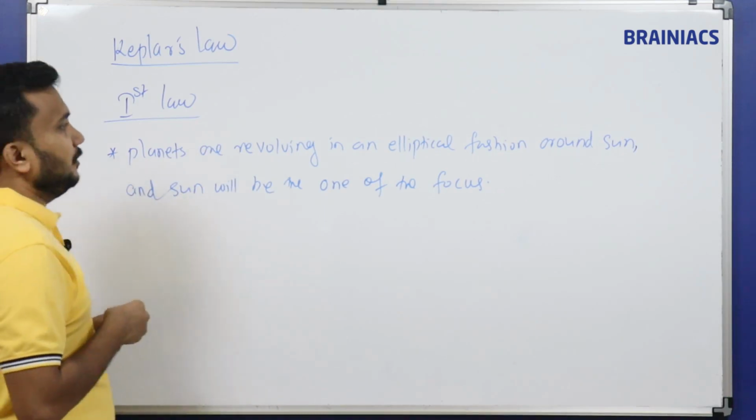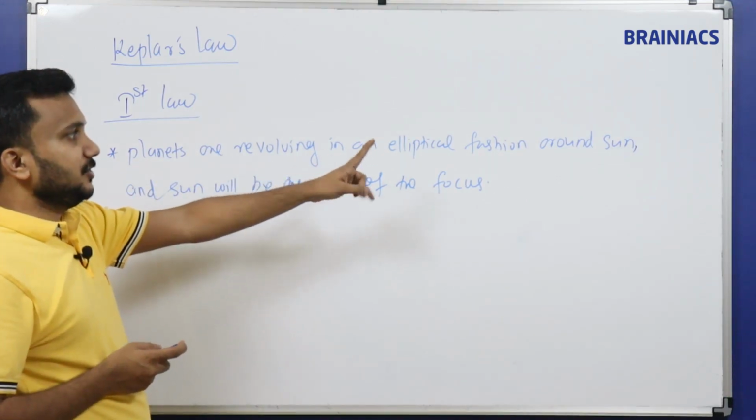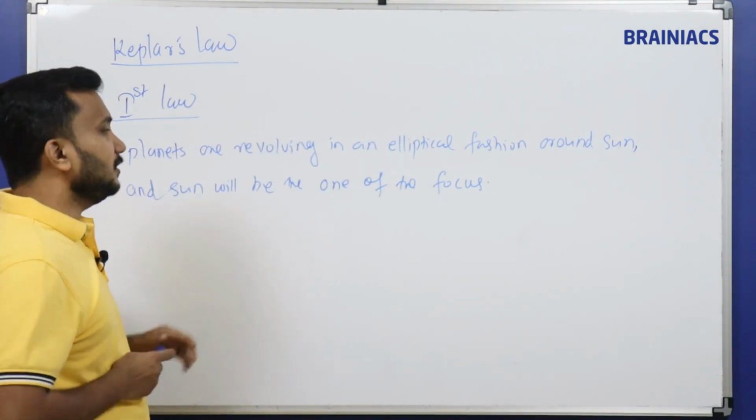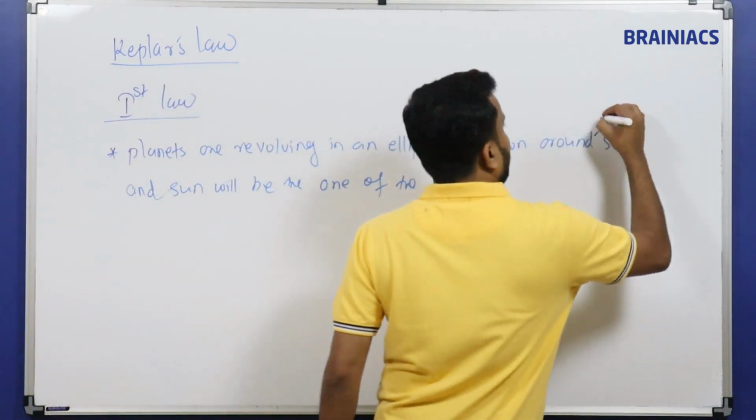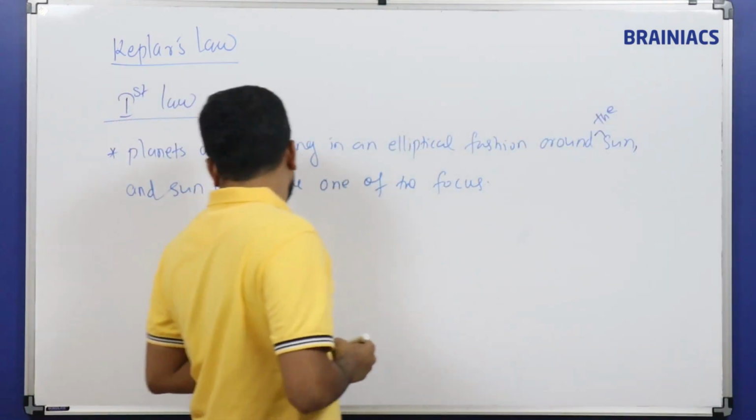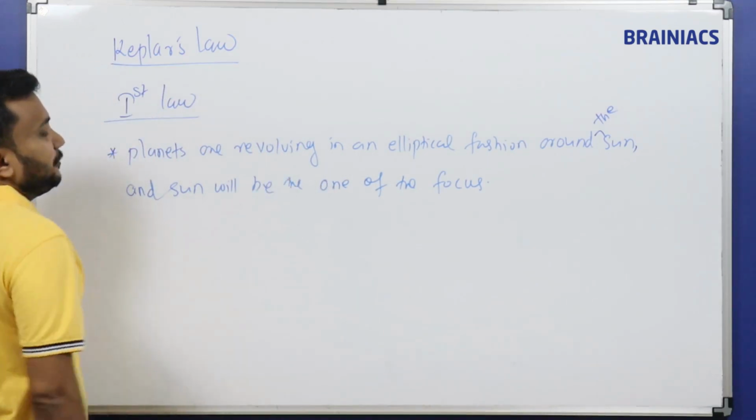Planets are revolving in an elliptical fashion around the sun, and the sun will be one of the foci.